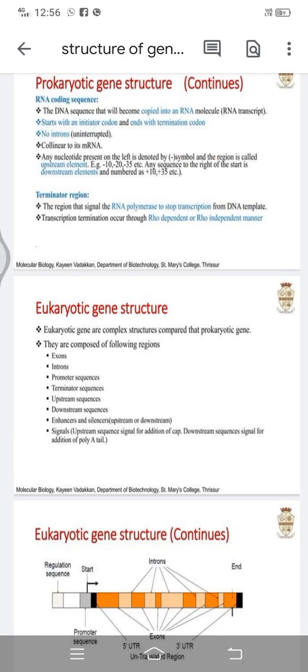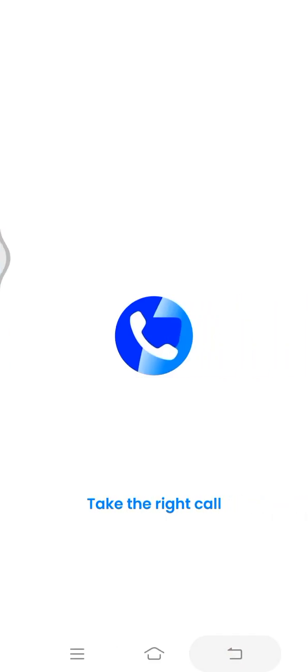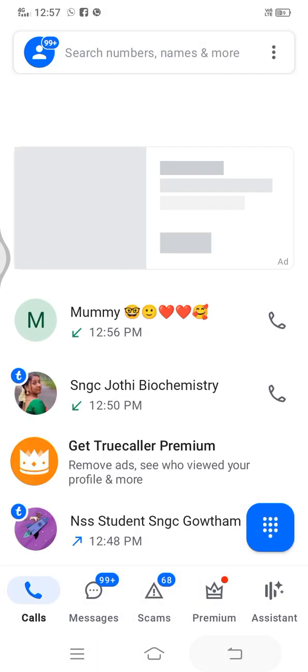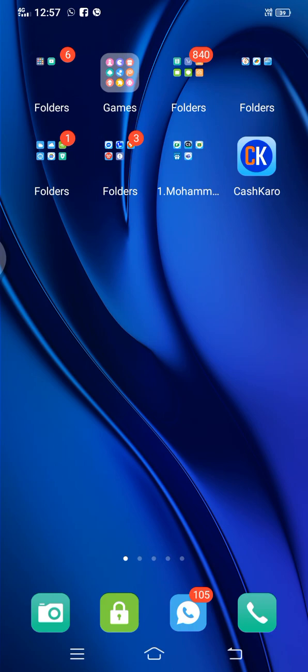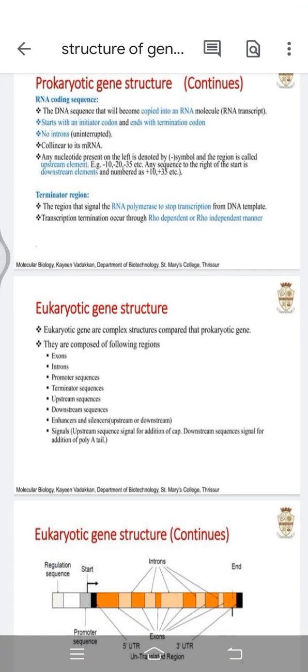Starting, you have the initiator codon, and it will go along with the elongation process, and finally you have the termination codons, and you have exons and introns.